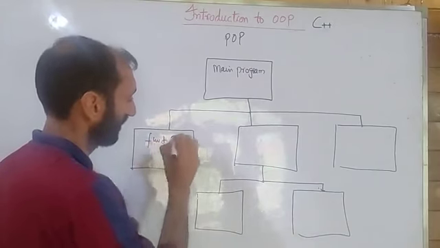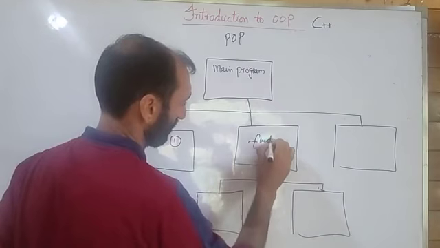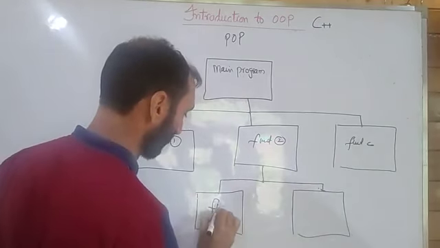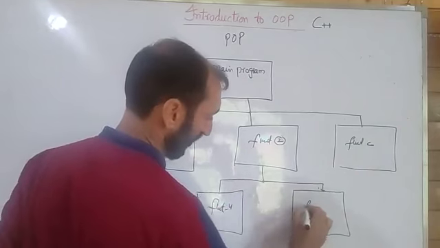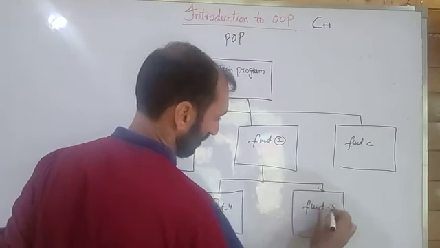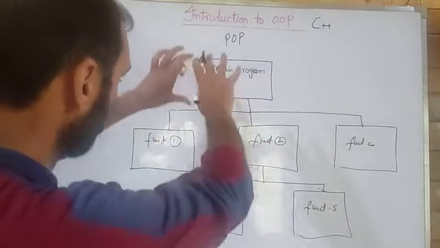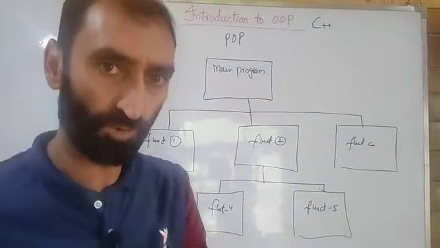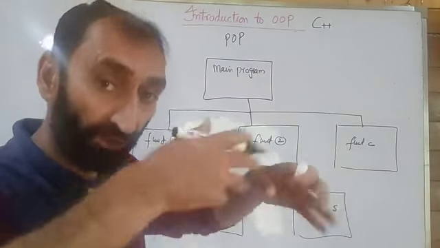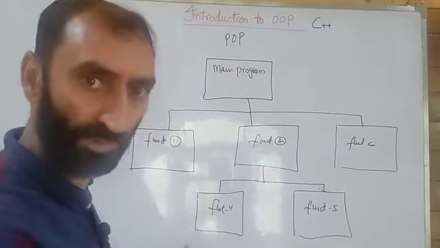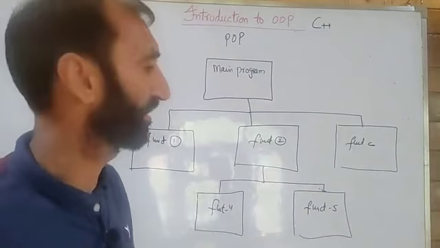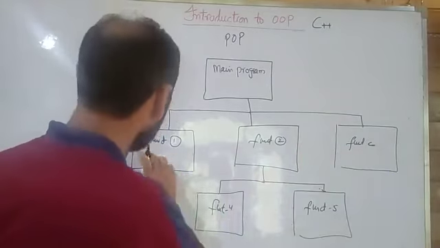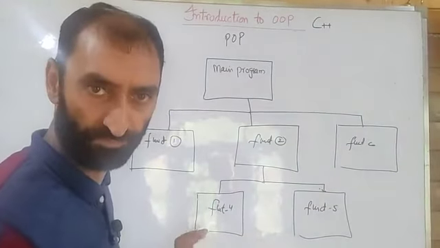This is function 1, this is function 2, this is function 3, this is for example function 4, and this is function 5. So we can say in procedural oriented programming, a main program, a big problem, is divided into smaller programs which can be further divided into sub-programs, and those smaller parts are called functions here.